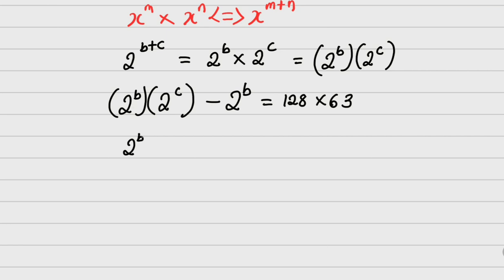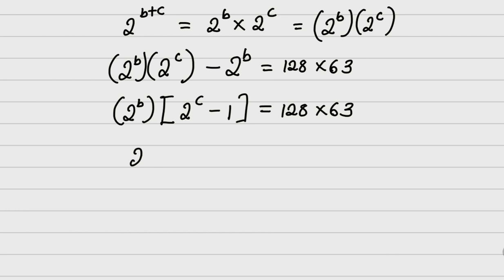So I have 2 raised to power b, okay, now into 2 raised to power c, all right, minus 1. This is what I have. It's equals to 128 times 63.